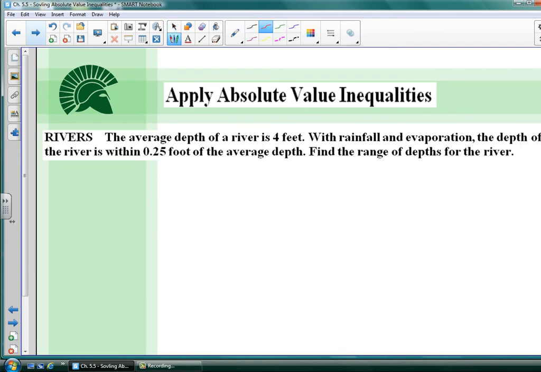Okay? So using that to our own knowledge, what we're going to do is read through and figure out what's going on. So the average depth is 4 feet. When rainfall or evaporation, so rainfall is going to make the river go higher, more depth. The evaporation is going to make the river go lower, less depth. The depth of the river is within 0.25 feet of the average. So within, so if we have 4, it's going to be plus or minus 0.25 of whatever the average depth is.